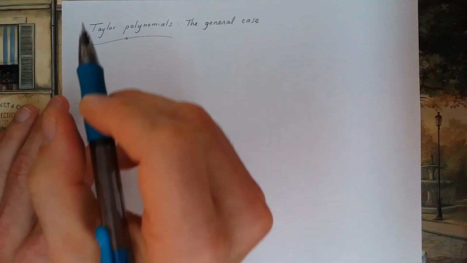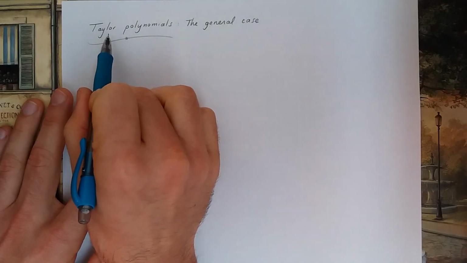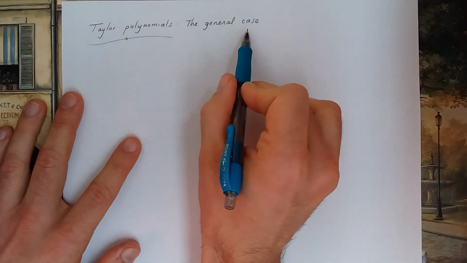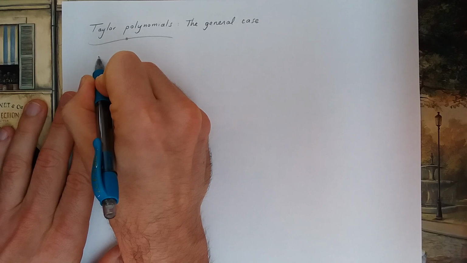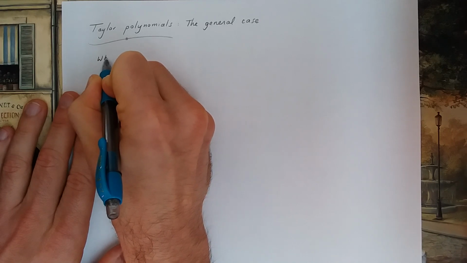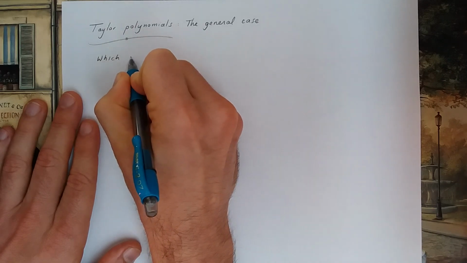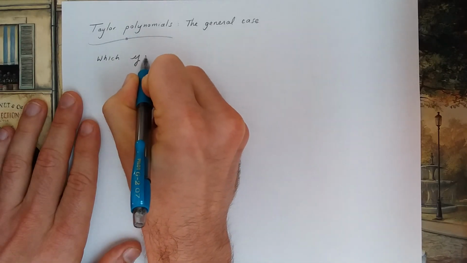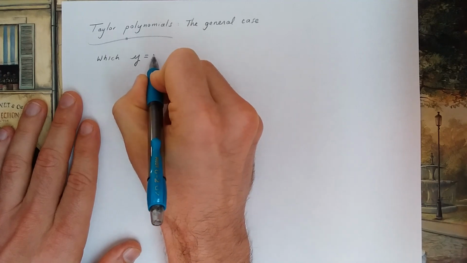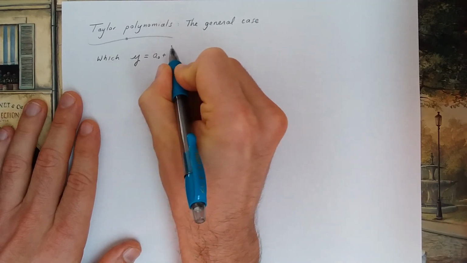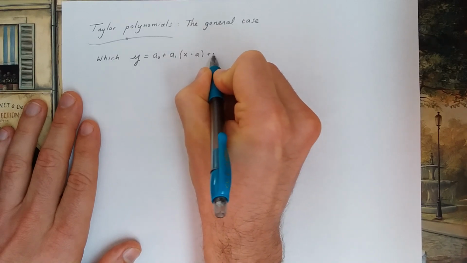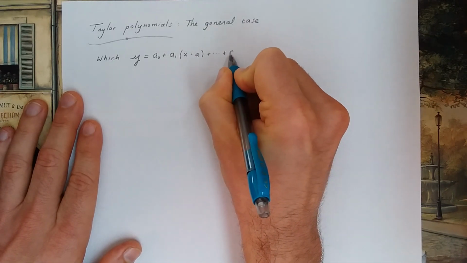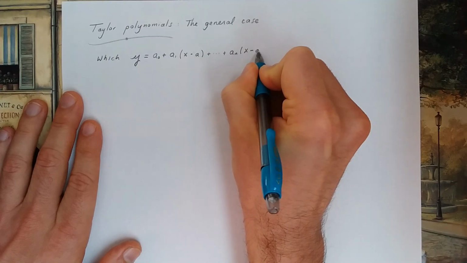So in general, we could find a formula for the coefficients in Taylor polynomials. So what's the idea? The idea is to find the polynomial, the function is going to have the form a0 plus a1 (x minus a) all the way up to the nth term, an (x minus a) to the n.